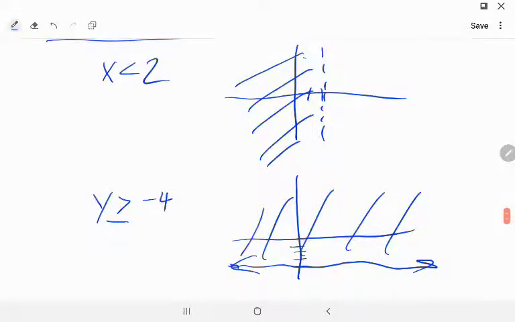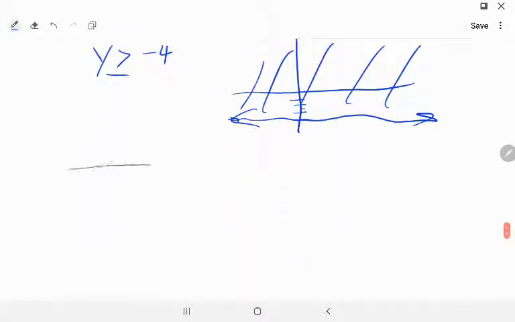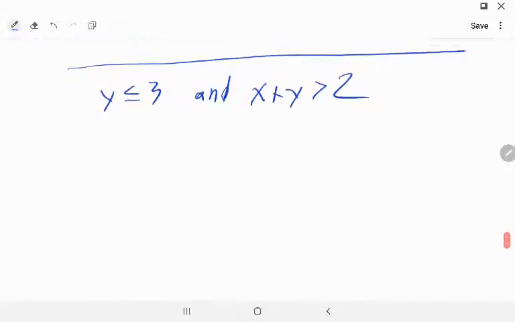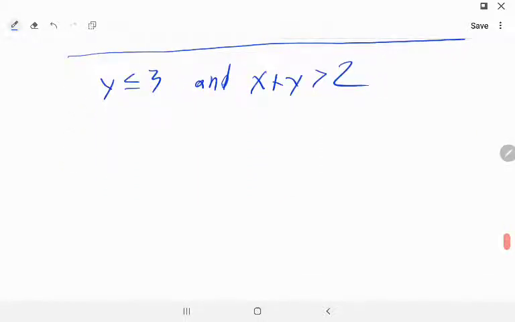So one last thing that's just a little bit more complicated is if we said something like y is less than or equal to 3 and x plus y is greater than 2, we notice that we have to make sure we satisfy both conditions. So fortunately they're relatively straightforward.